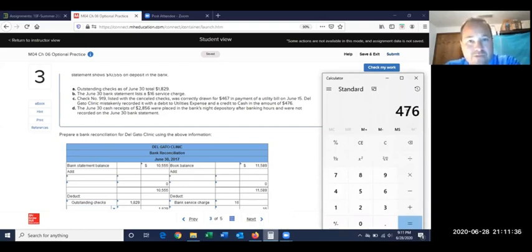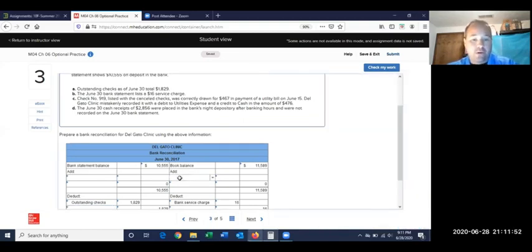You put it as a 476 that you took away. You actually only wrote it for 467. So we need to actually add back $9. We took too much out of our cash. So we need to go over here and for the error for check 919 show that we need to add $9 to our cash T account, and we would make that journal entry to show we need to add back $9.